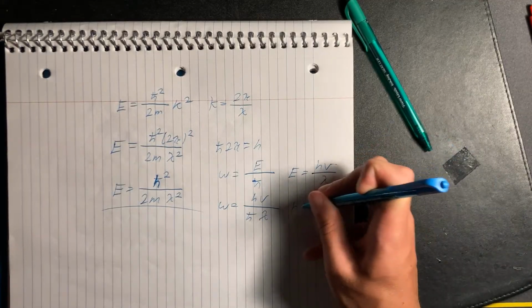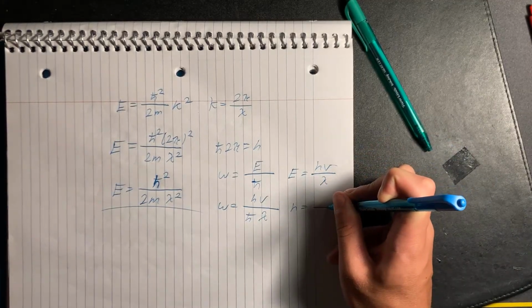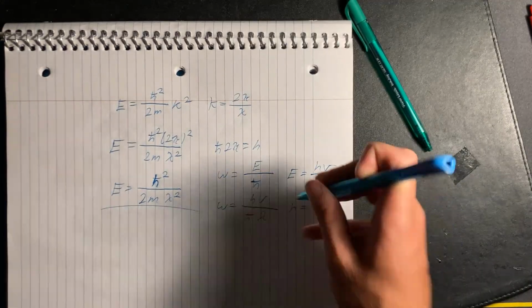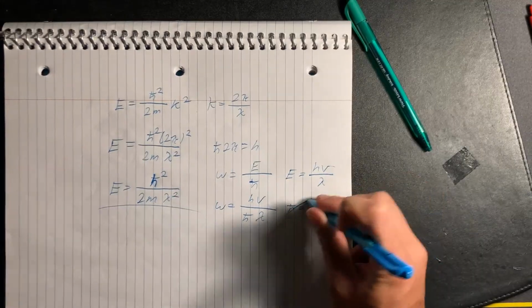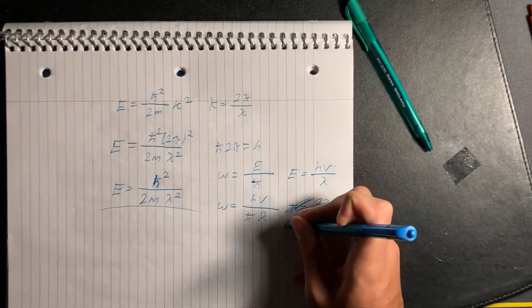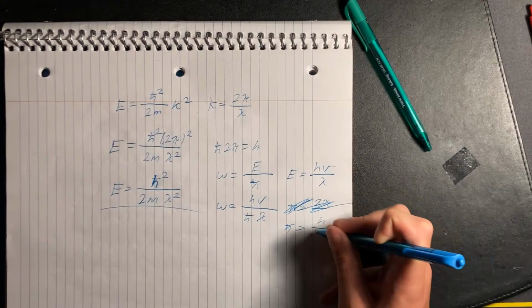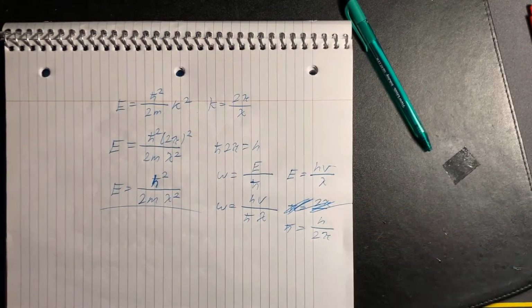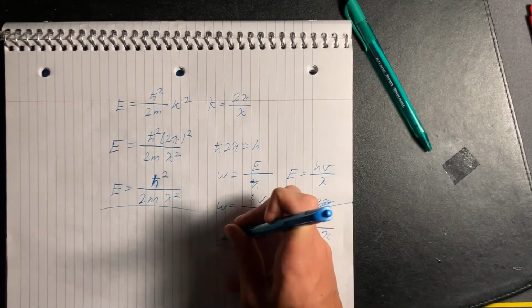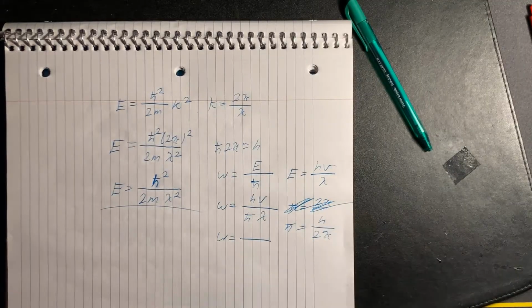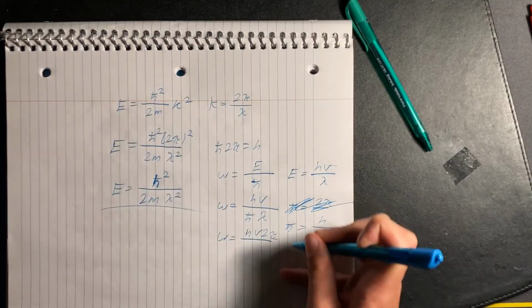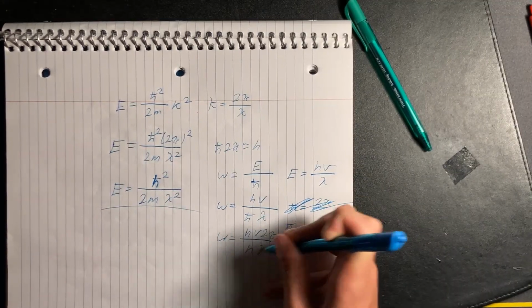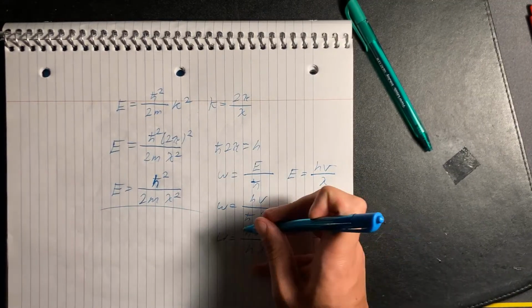Now, reduced Planck constant equals regular Planck constant over 2 pi. So you put that in, and angular frequency is going to be h v 2 pi over h again, lambda, they switch places to do that.